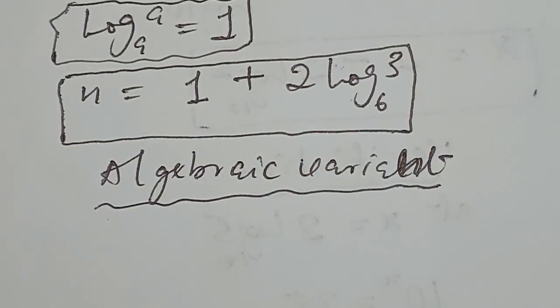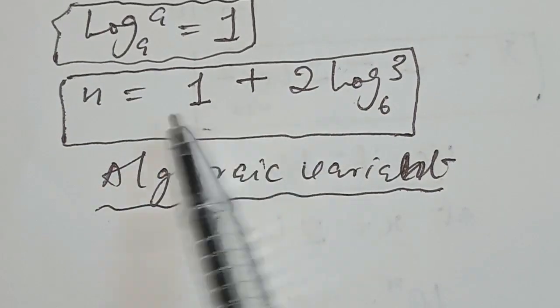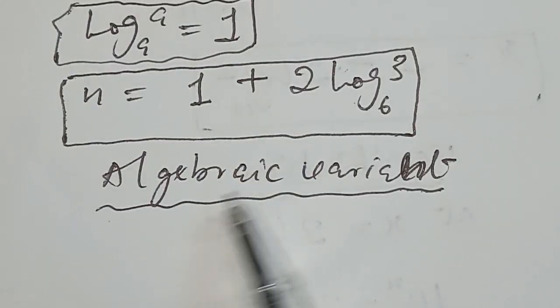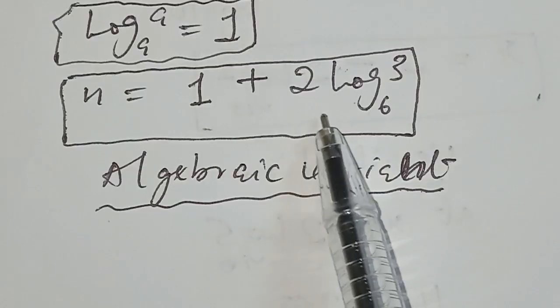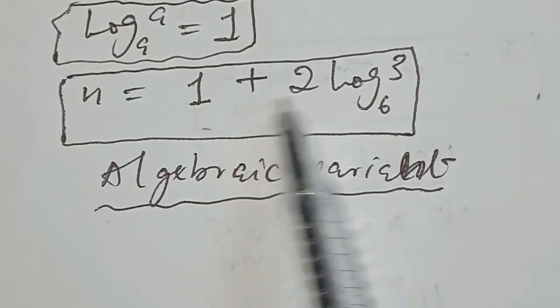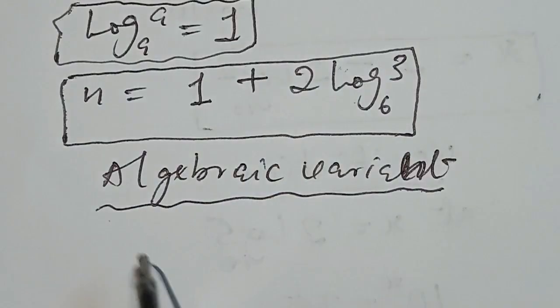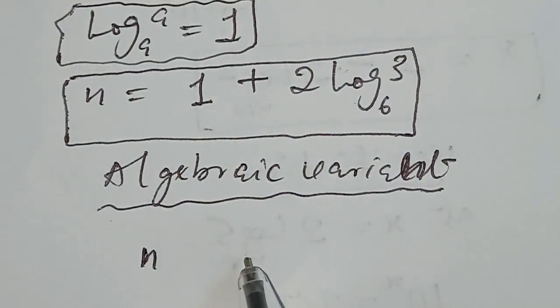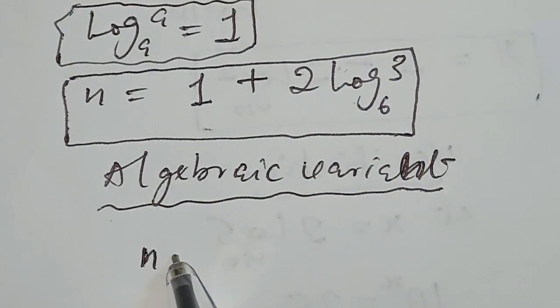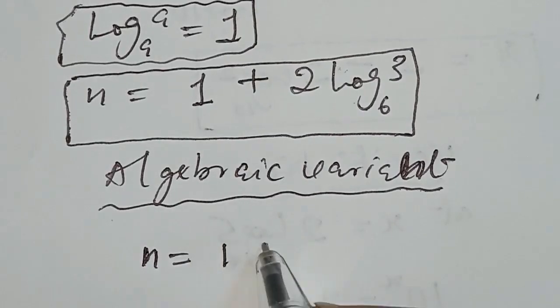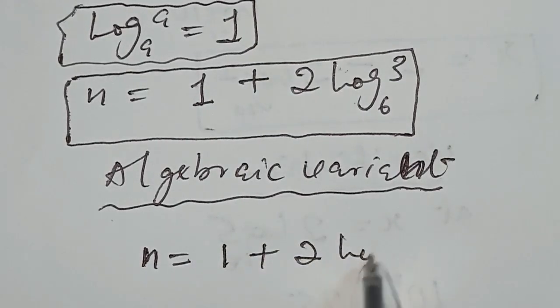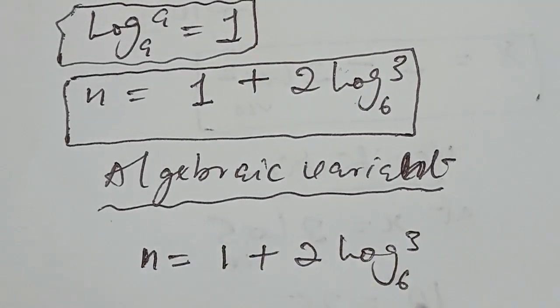From this algebraic variant, we are going to use this value of n and put it in a more similar form to the n that we have gotten earlier. From our value of n here, we already know that n is equal to 1 plus 2 log of 3 base 6.